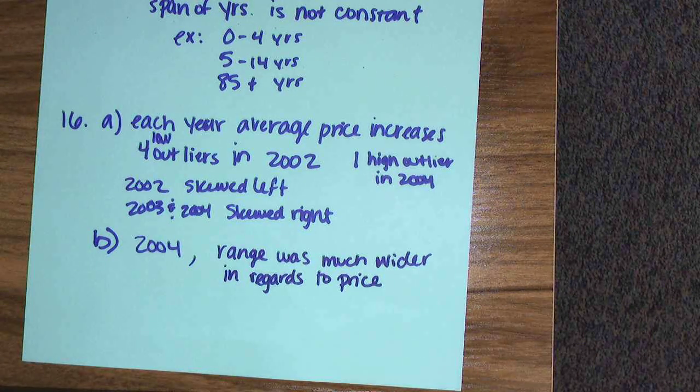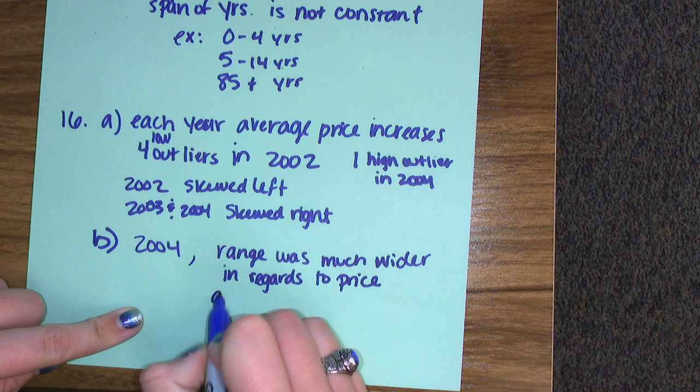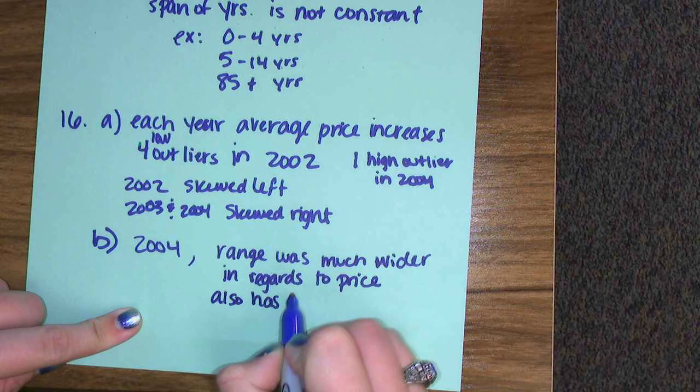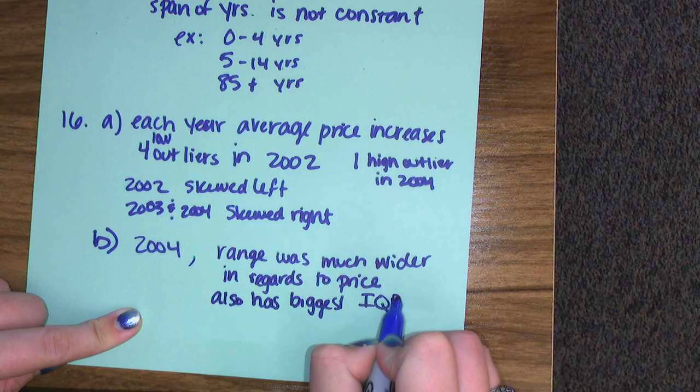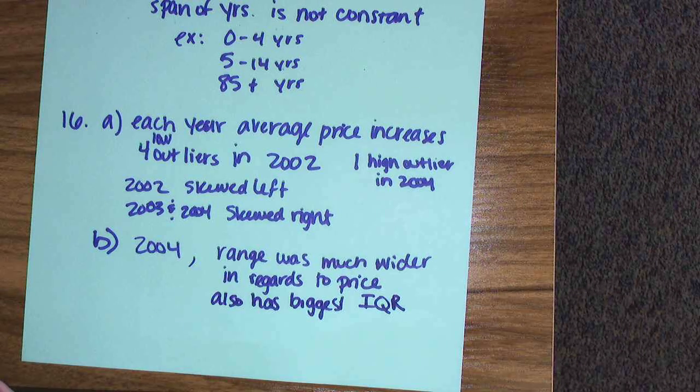Something like that is sufficient. Another thing the book points out in the answer is that it also has the biggest IQR, which one of you kind of said. Biggest IQR also is occurring there.